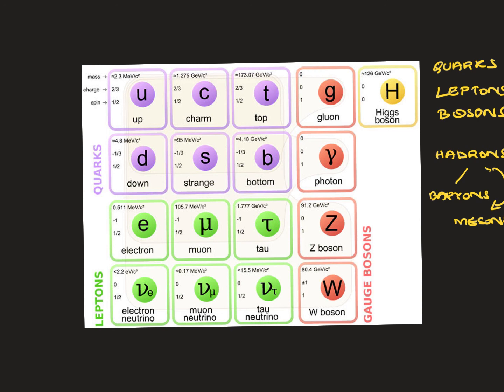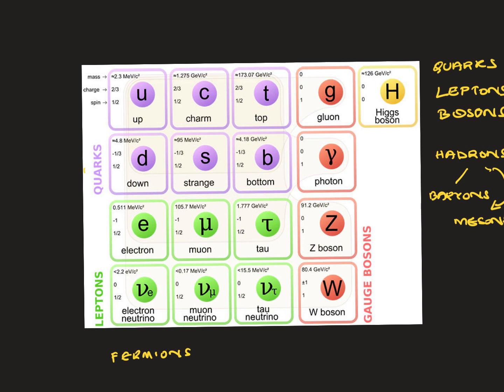There's another term that we use called fermions. So the quarks basically make up all these baryons and mesons. So these quarks will make baryons and mesons, which are hadrons, and also these ones are called leptons.